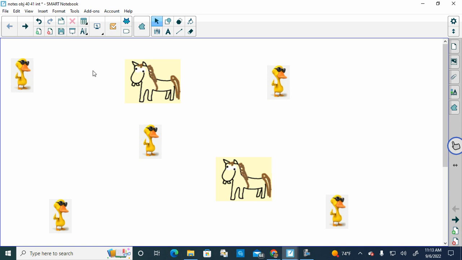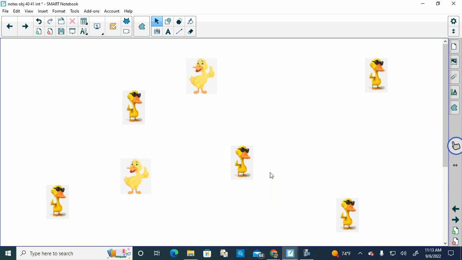Okay, the next thing we're looking at is now all ducks. Some ducks are cool, some ducks are not. They're both still ducks, right? This time I'm going to represent them by X, Y, because they're ducks with glasses, and then just ducks, X's. How many just ducks do I have? 2.